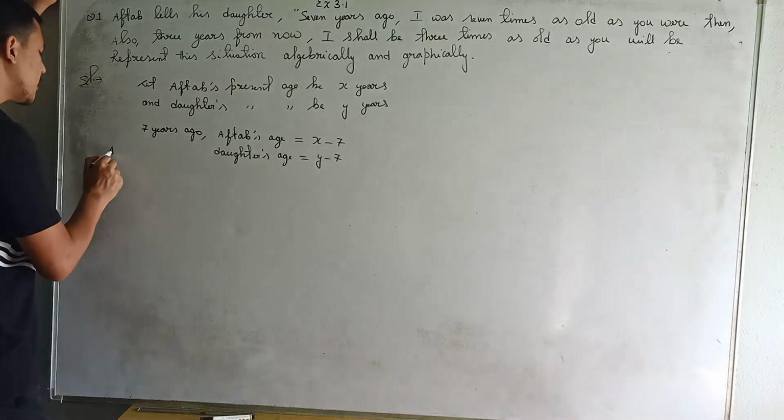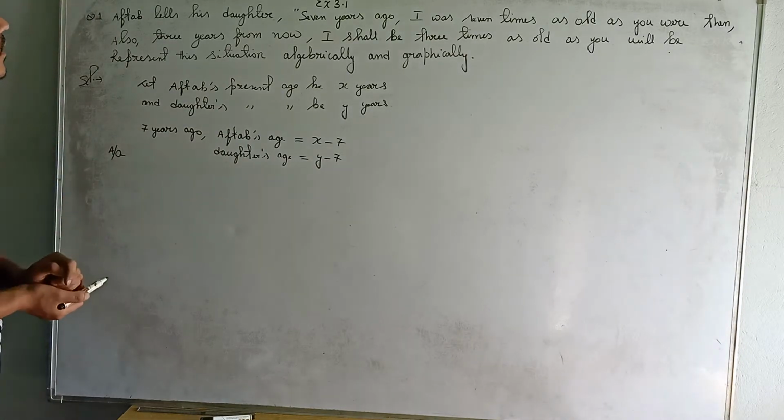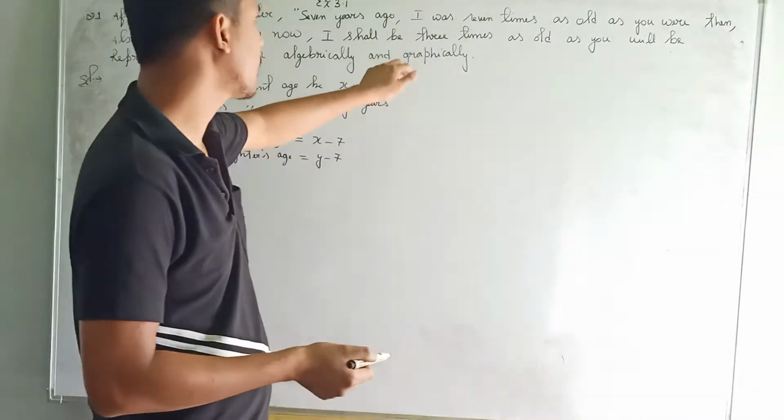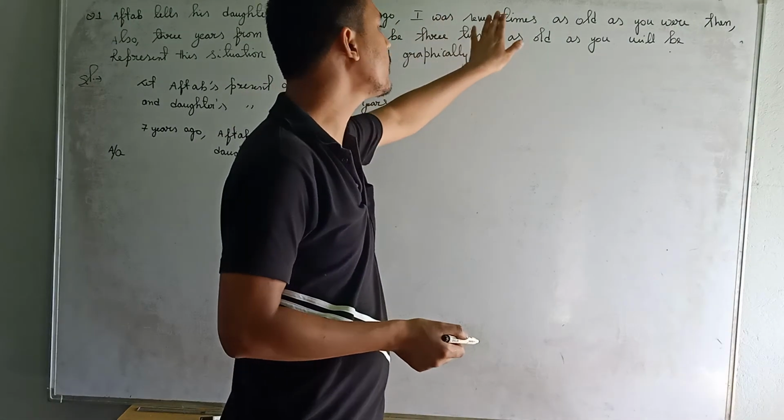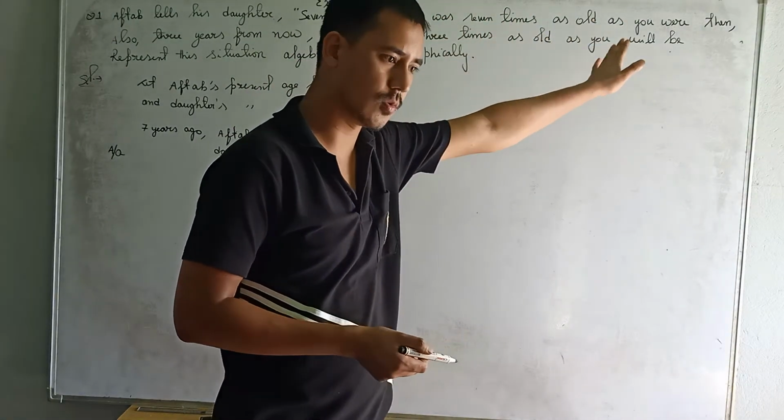Now, what are they mentioning here? 7 years ago, Aftab is saying, I was 7 times as old as you were.